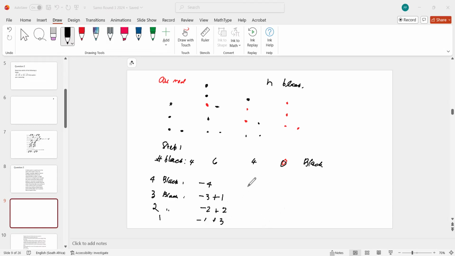So it means the change in your n goes to n minus 4 or n minus 2 or n plus 2.